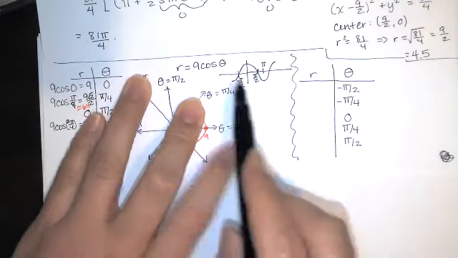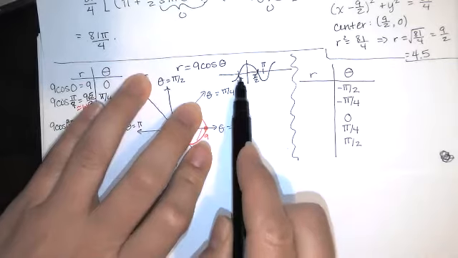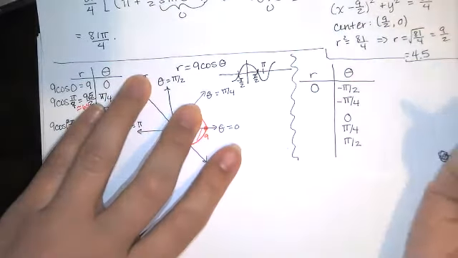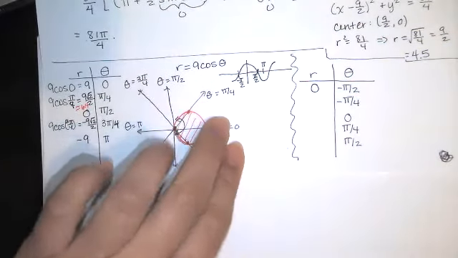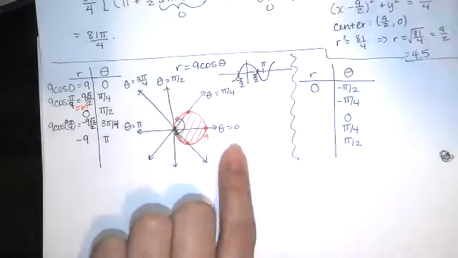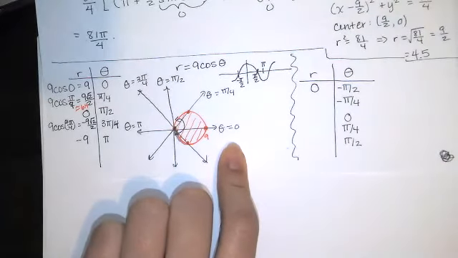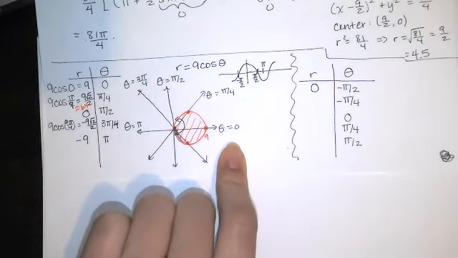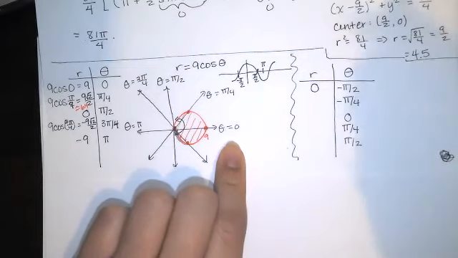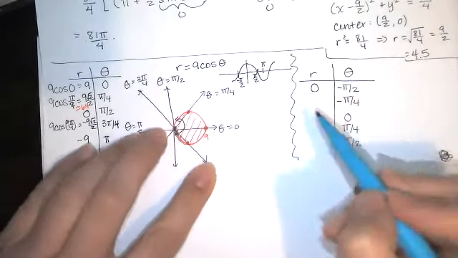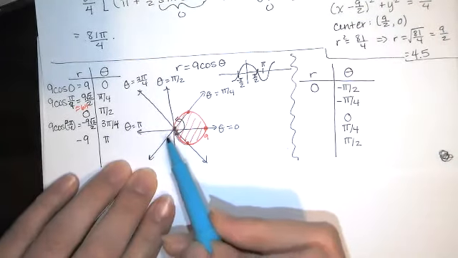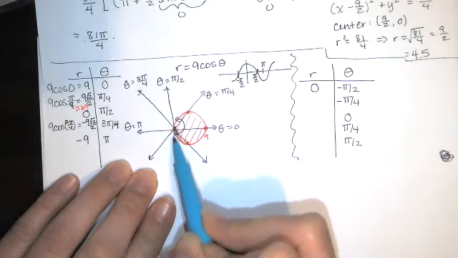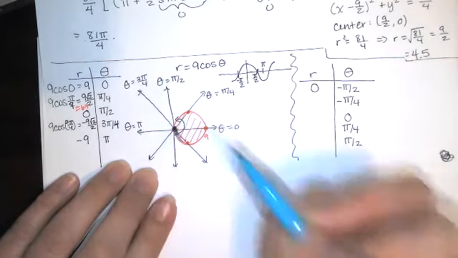So we have 9 times cosine of negative pi over 2, which is 0. So R starts at 0. I think I'm going to graph this on the same set of coordinate axes. I'm going to use blue now. So when theta equals negative pi over 2, so that's on this line, R equals 0. So we start at that point.